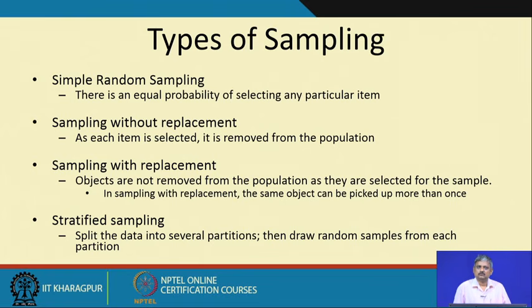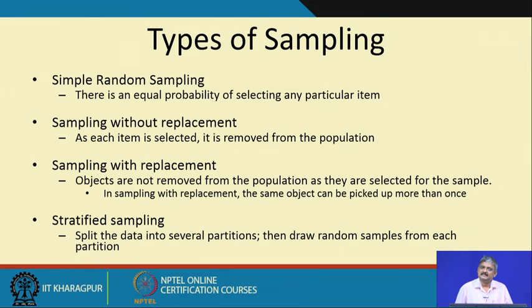Okay. So, some of the common sampling types are simple random, without replacement, stratified. That means, you take equal number of samples from each class, each group. Others one you can clearly understand that sampling with replacement and without.